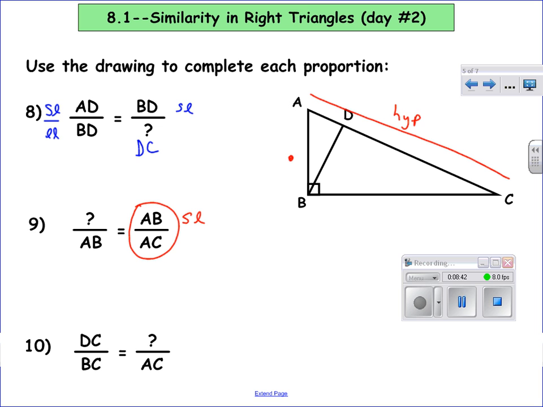Okay? All right? So now my question is, well, AB, what is it the hypotenuse for? It's the hypotenuse for this triangle 1 right here. So what's the short leg in triangle 1? AD.